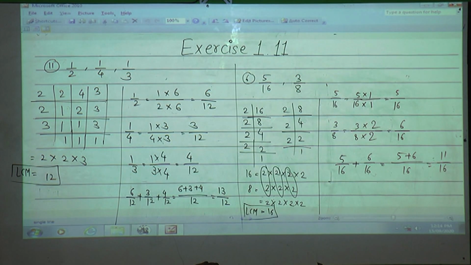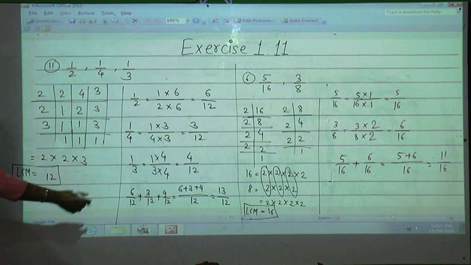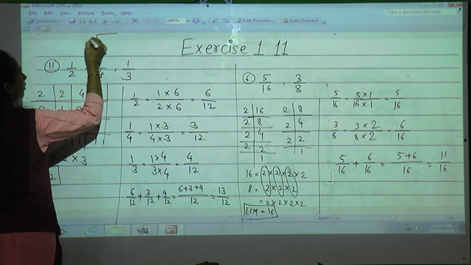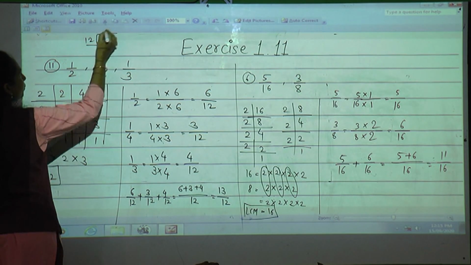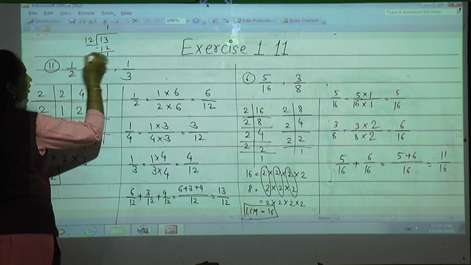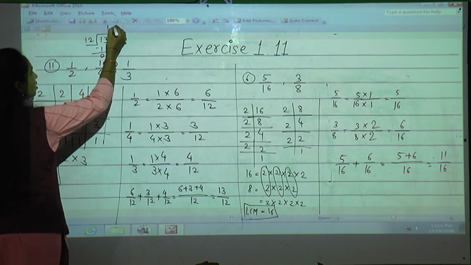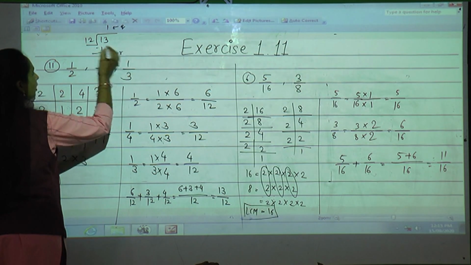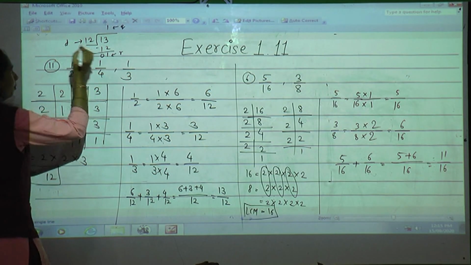These are improper fractions, so we can convert also, isn't it? So how we can convert, student? Yes, we need to convert. How we can convert? See, 13 by 12. 12 ones are 12. The remaining is 1. So this is what? Quotient. This is remainder and this is denominator.